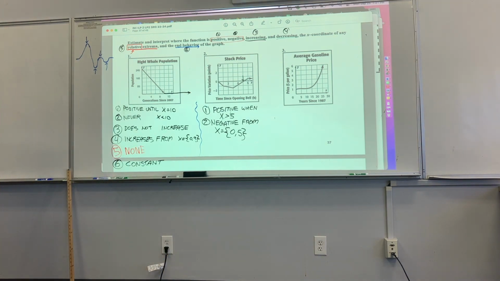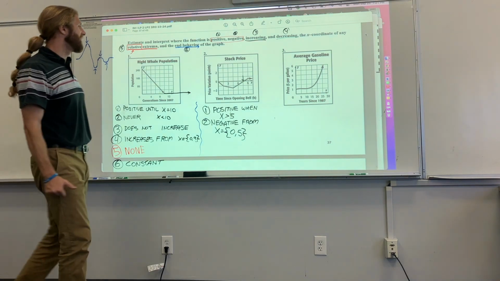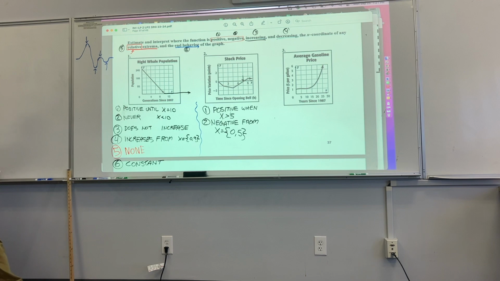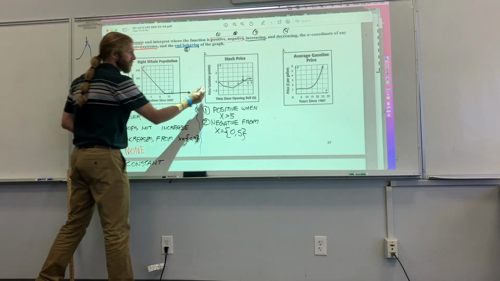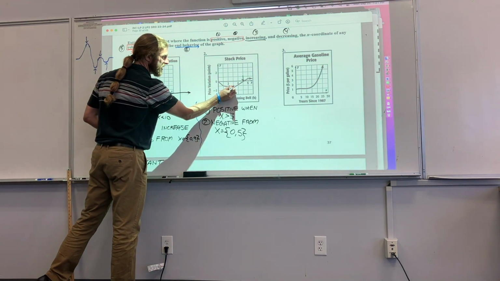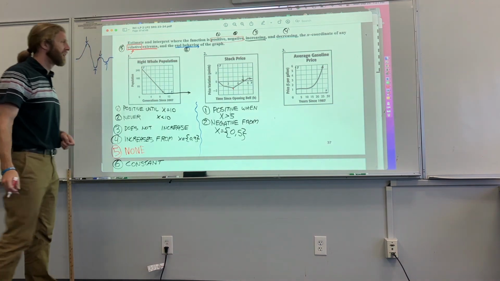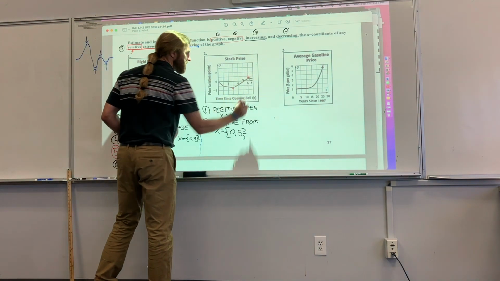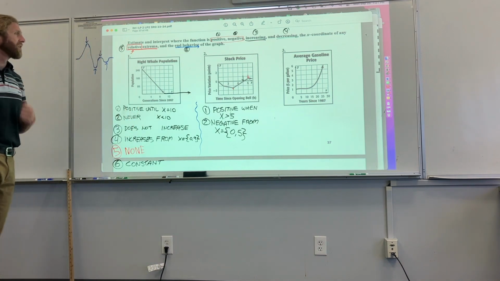I'm going to have to write smaller on these next ones. Let's see, where is the function increasing? Starts increasing right here, actually. And it stops increasing right here. So count those off.